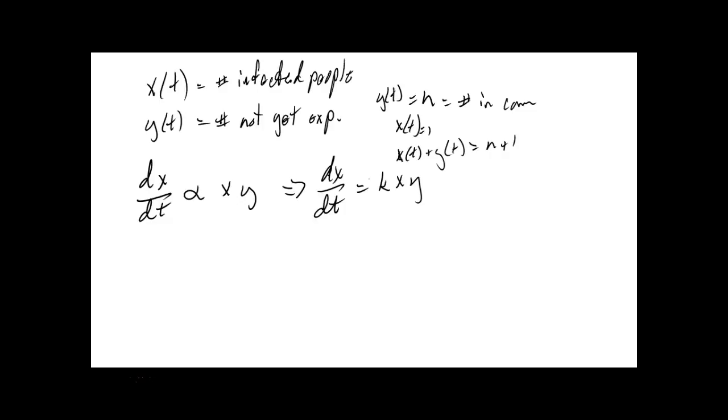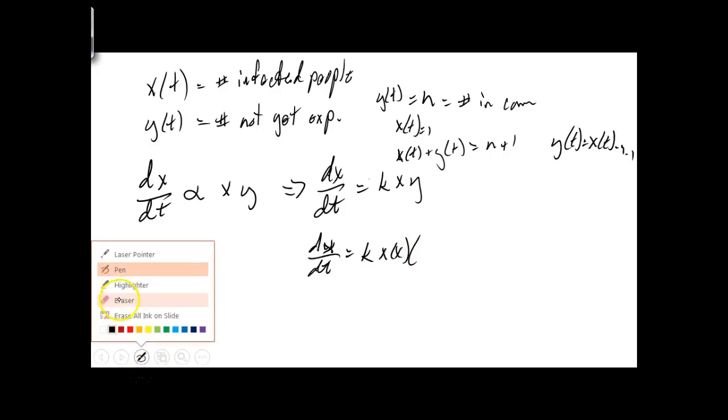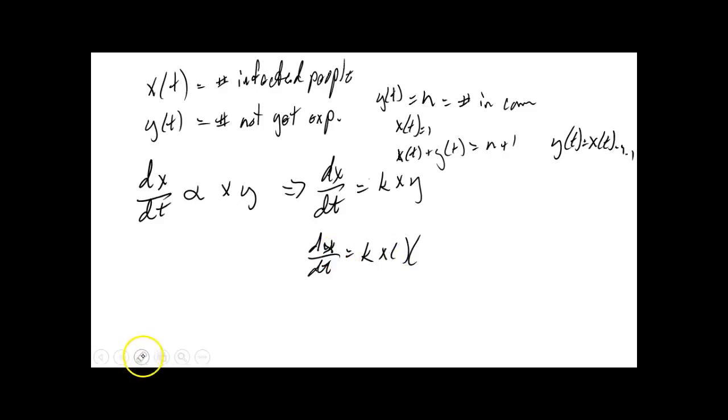But now you can say dx dt, because Y of T is equal to X of T minus N minus 1. So this would be K X of T times X of T minus N minus 1, okay.